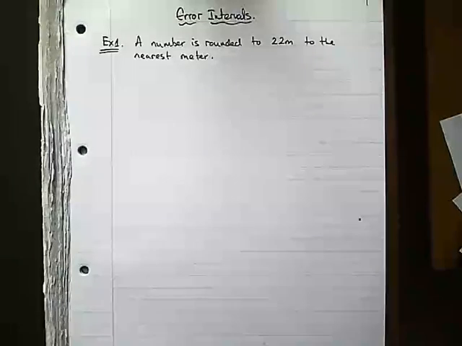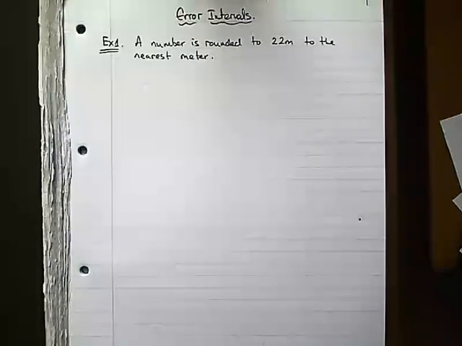So basically I could have had a number slightly bigger than 22 and it was rounded down, and a number slightly smaller than 22 and it was rounded up. But the thing is, we don't know exactly. So what we do is we say, well, this number could be between this one or this one, and we give them a range of numbers.